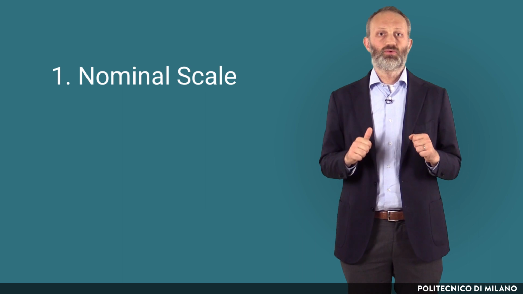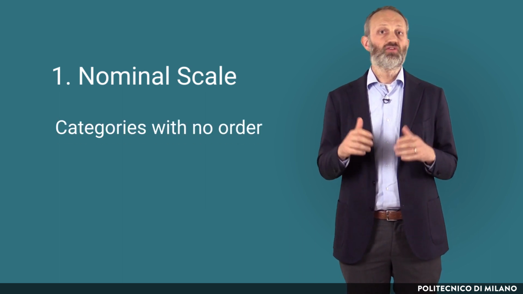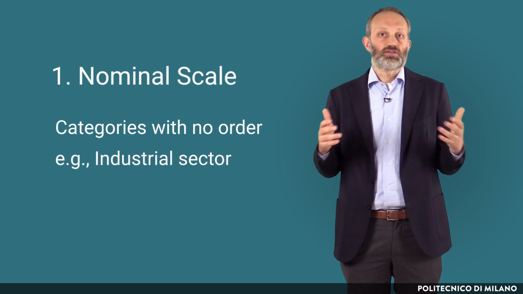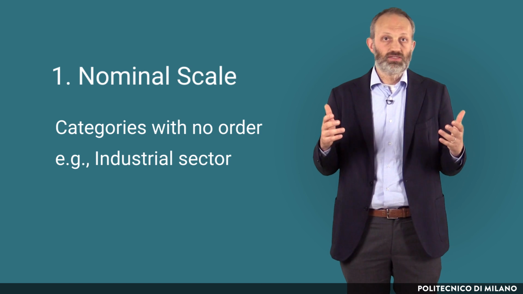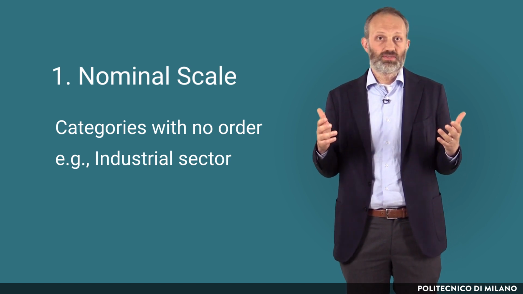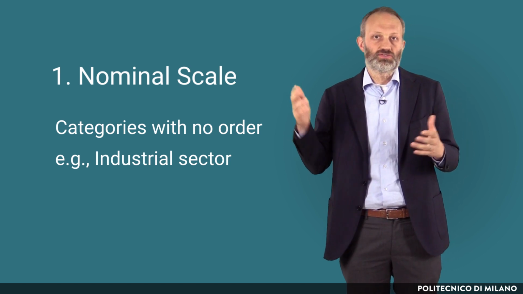Nominal scale, when possible answers fall within categories that do not have any form of order or sequence. For example, the industrial sector. We can provide a list of industrial sectors to choose from, but there is no logical sequence. We cannot say that manufacturing is bigger than service or vice versa.